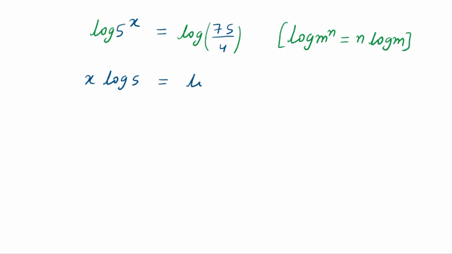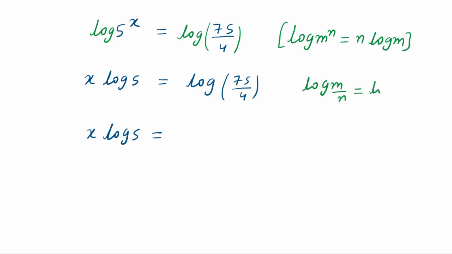75 over 4. On the left hand side, x times log 5, and this is equal to, on the right hand side we will apply this rule, log m over n is equal to log m minus log n. According to this rule, we can write this expression as log 75 minus log 4.